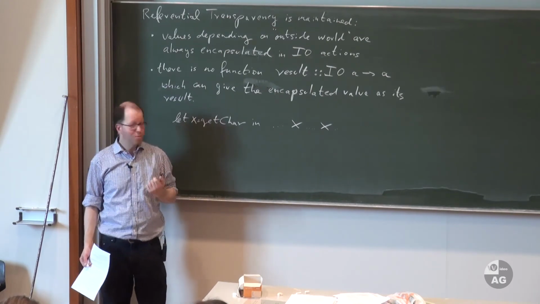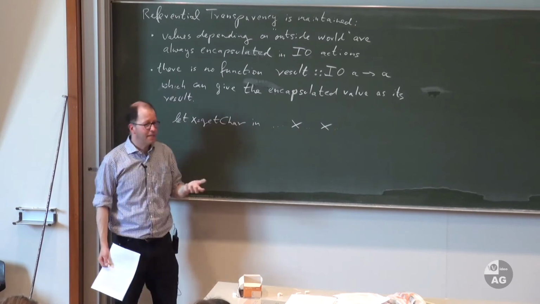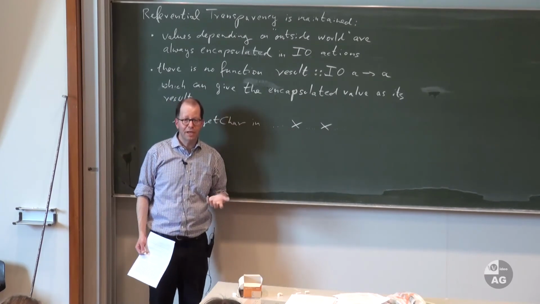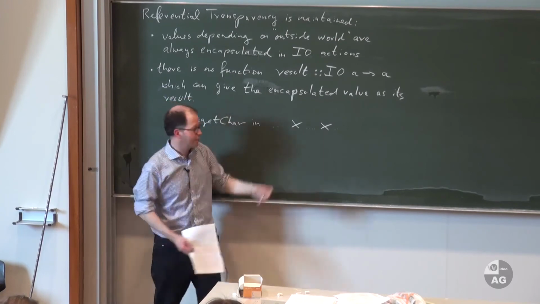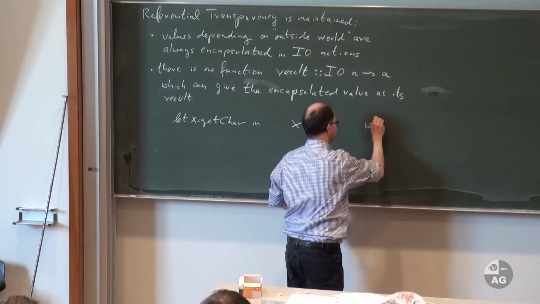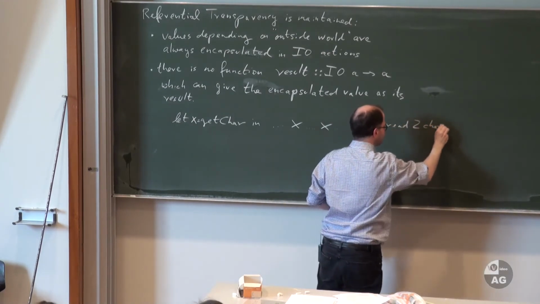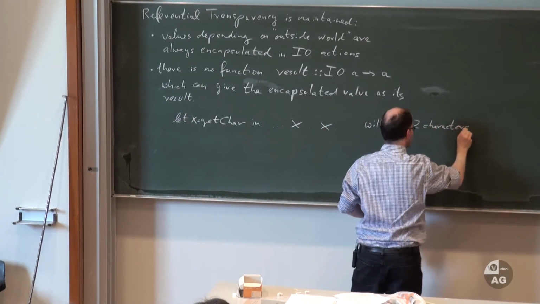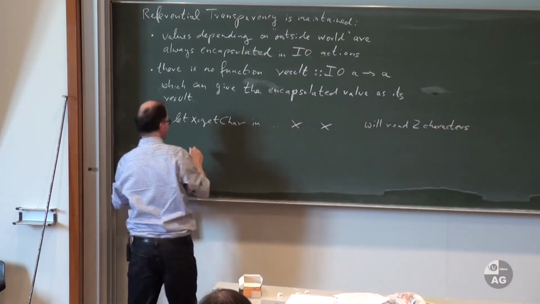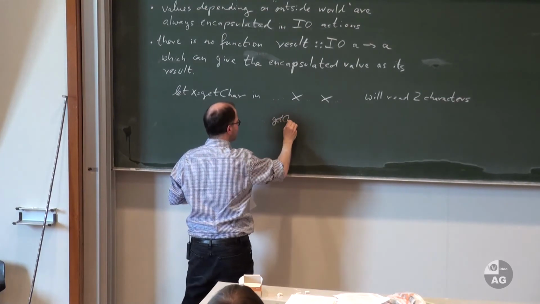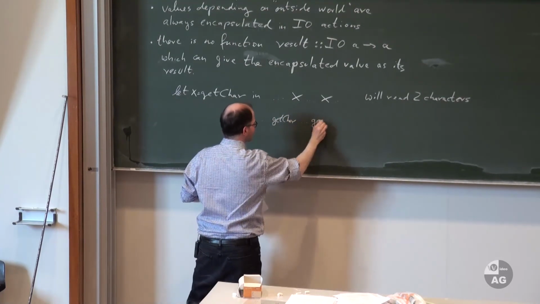I will read 2. The value of x is the action to read a character. So if this occurs several times, it's the same action, so this will read 2 probably different characters. So this is really equivalent to writing get character, get character.